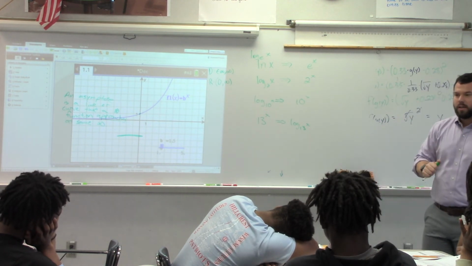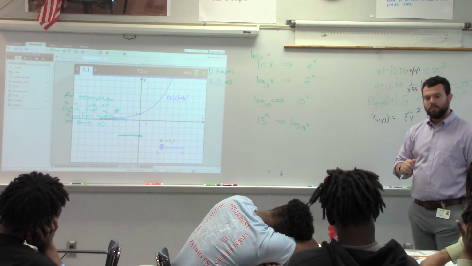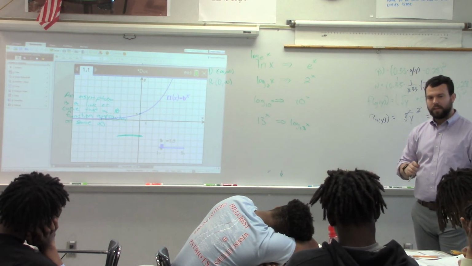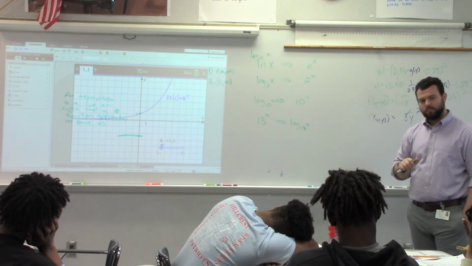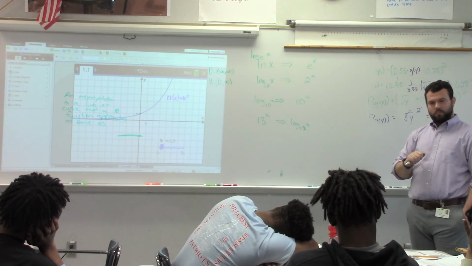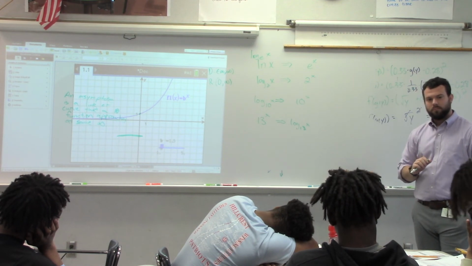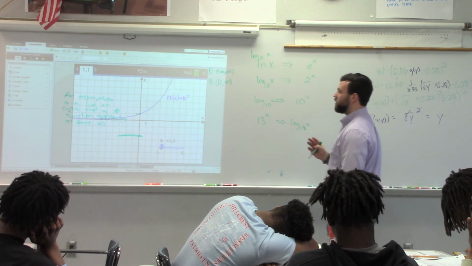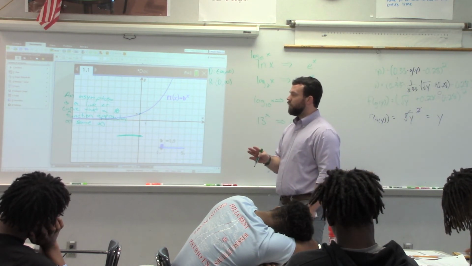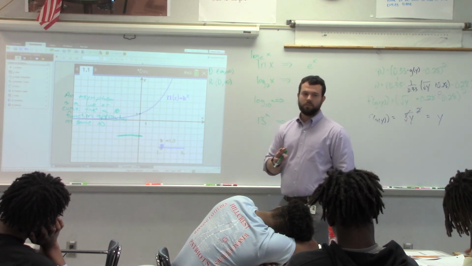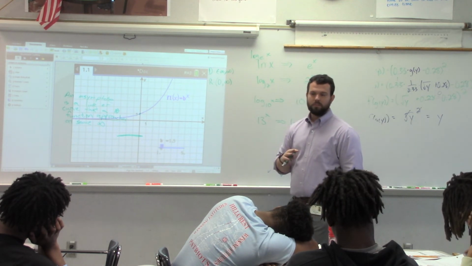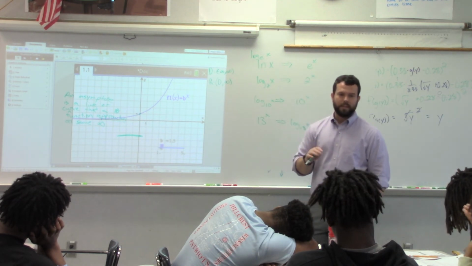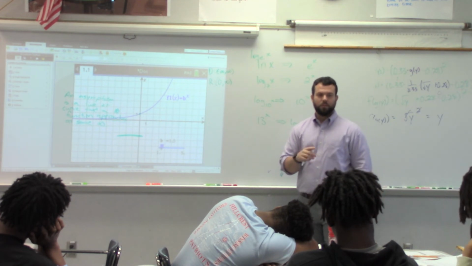Any guesses what the asymptote would be, based on how we defined that earlier? Remember, it's just a line or a curve that a function approaches. It gets close to it, doesn't actually get there, but it gets close to it. What value gets close to 0?